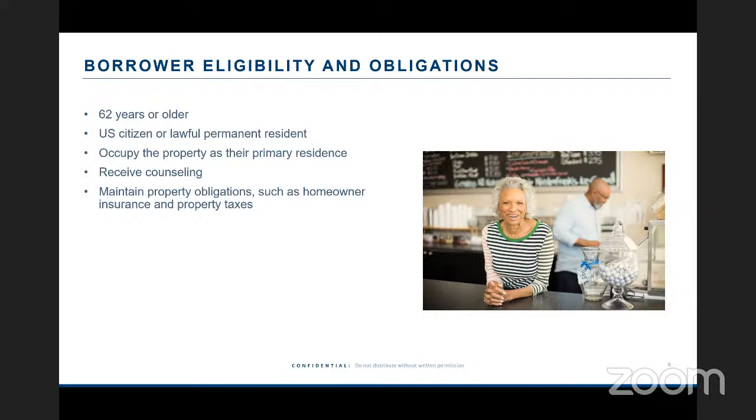All reverse mortgages require that the borrower occupy the property as their primary residence. They must receive third-party counseling. And as we already said, they must maintain property obligations such as homeowner insurance, property taxes, condo and HOA fees, and any associated property charges.